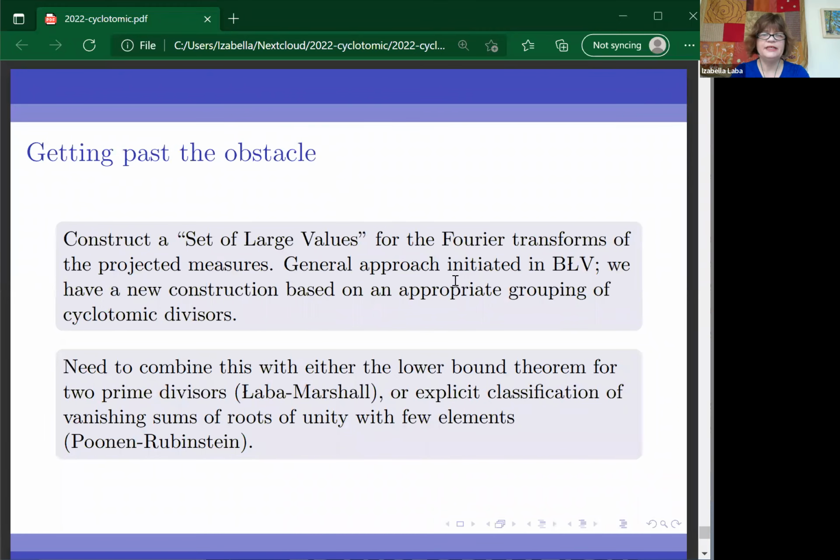And then we need to combine that either with the lower bound theorem, so that's for the 2-prime part of the result, or else we can combine it with the explicit classification of vanishing sums with few elements, and that would be something that we can borrow from the paper by Poonen and Rubinstein.